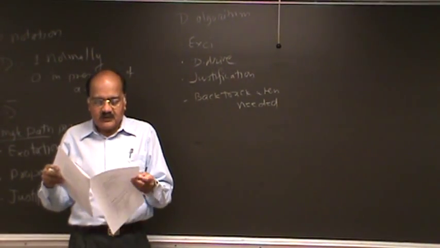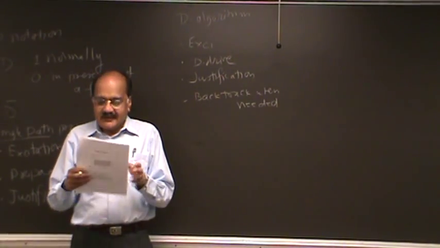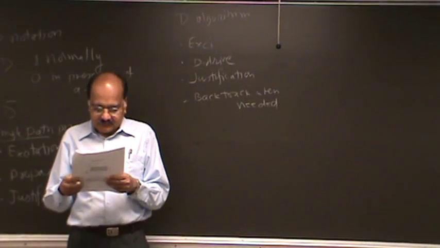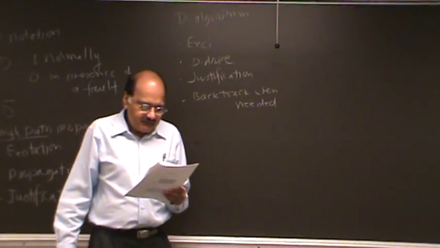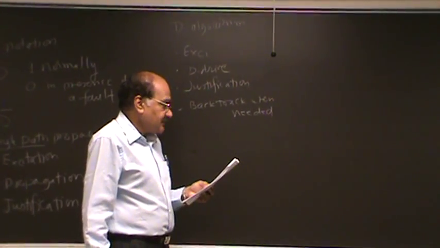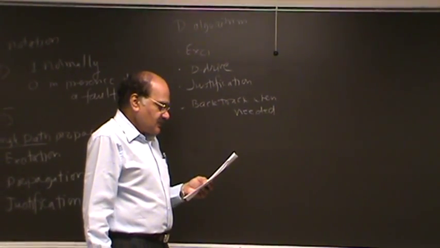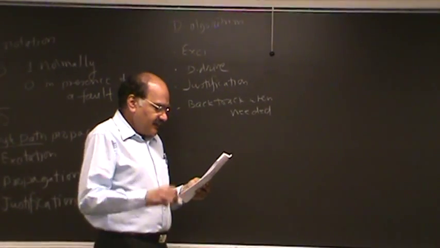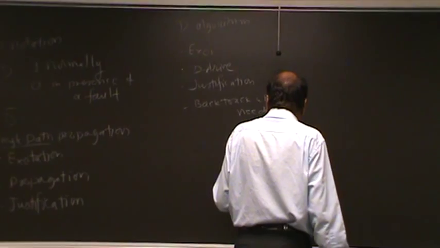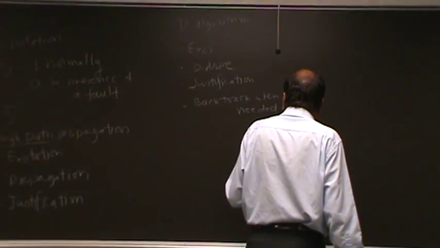If single path propagation does not work, then you will try multiple path propagation. So let us look at an example of the algorithm. And so we are going to have a diagram, and we are going to get a test for this circuit.